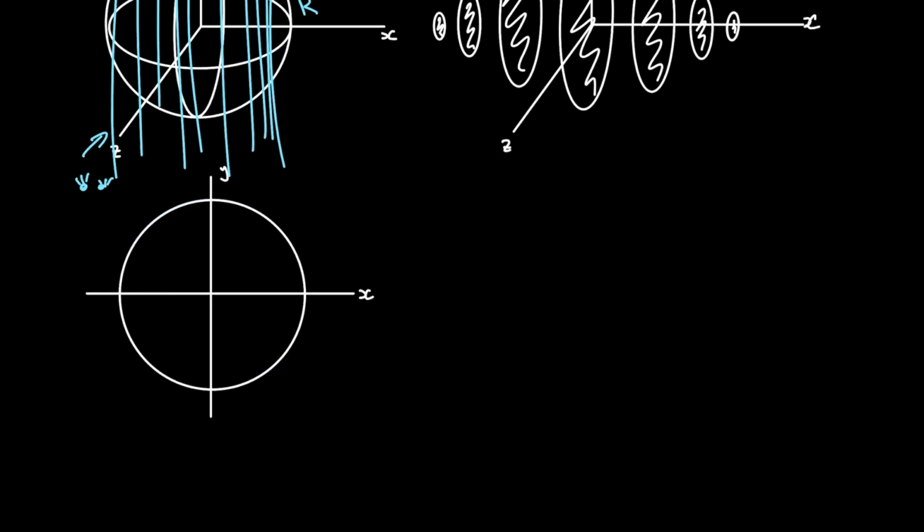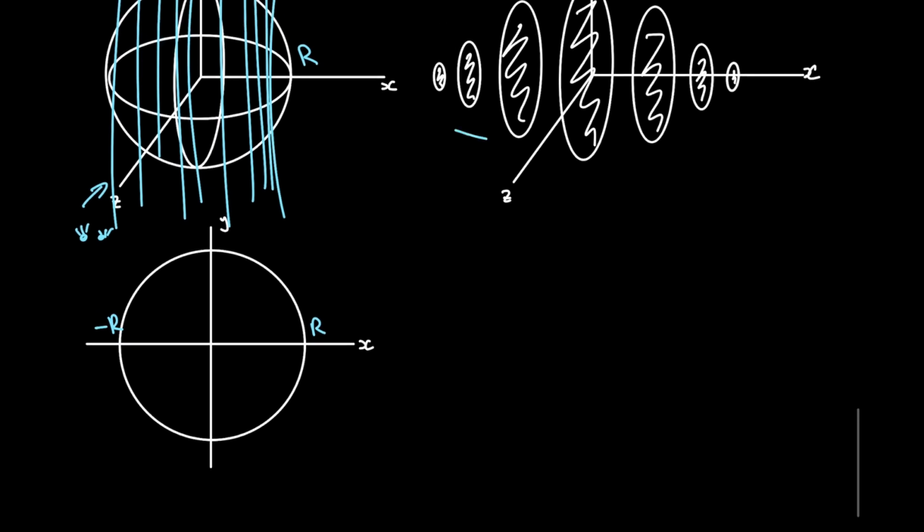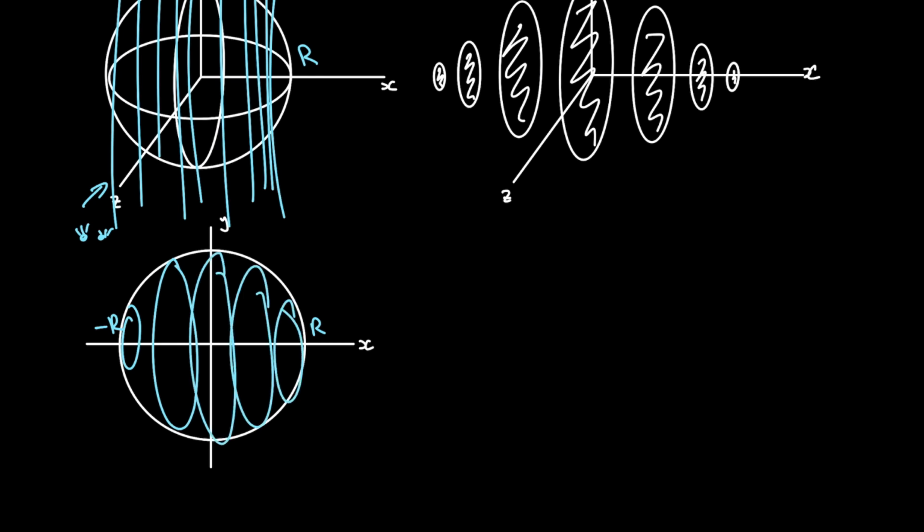Obviously this point over here will be R, and this point over here will be negative R. And we need to find the area of all these circles that are sitting between negative R and R.